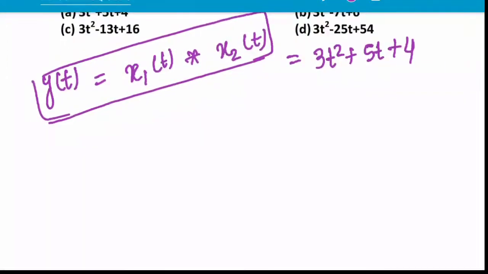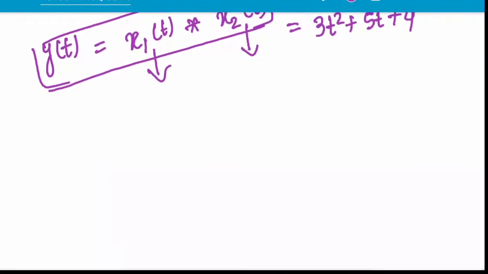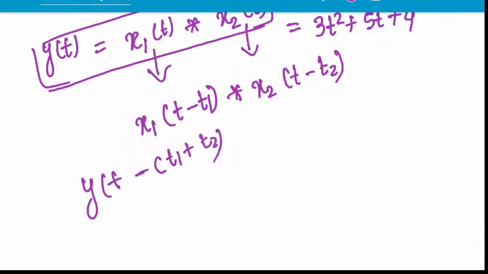Then if the same functions x1 and x2 are delayed by 2 seconds and 3 seconds. So suppose the x1 function is delayed by t1 seconds and x2 is delayed by t2 seconds, then the convolution y will be delayed by t1 plus t2 seconds.